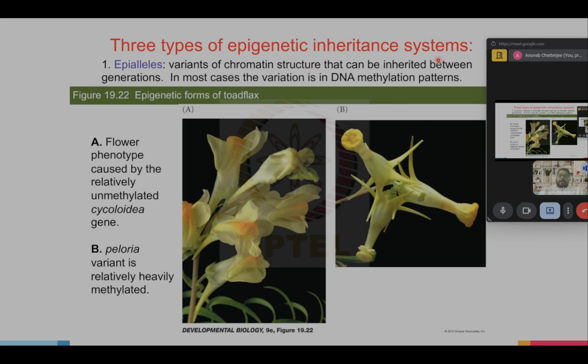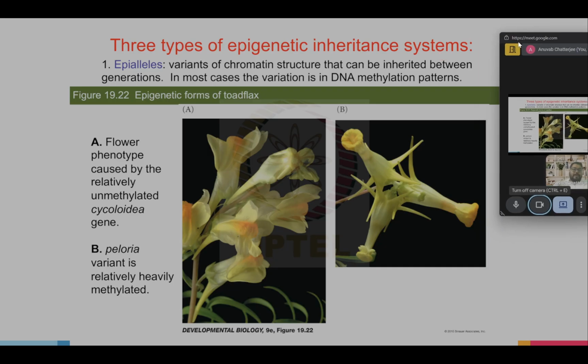There are majorly three types of epigenetic inheritance systems. The first one is epialleles, where variations in DNA structure don't occur, but chromatin structure does, one of them being DNA methylation patterns.